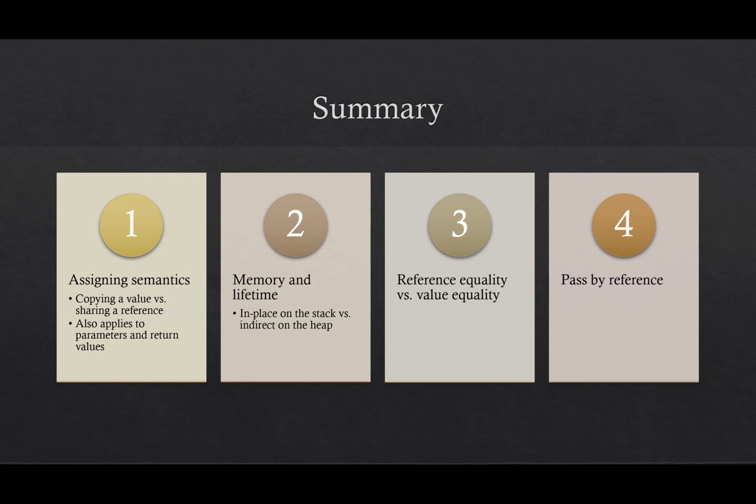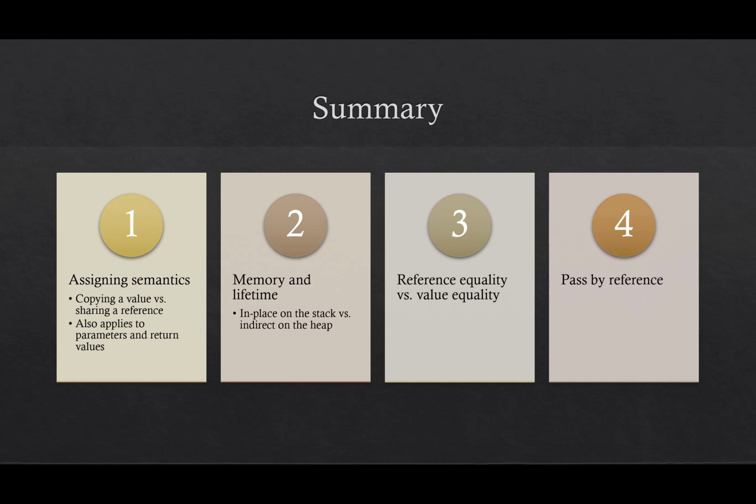Okay, so to summarize, in this video we talked about all the different ways that reference types and value types differ. That starts with the semantics of assignment, including passing parameters and return values. For value types, assignment means you're copying the value, whereas for reference types it means you have two references to the same object.